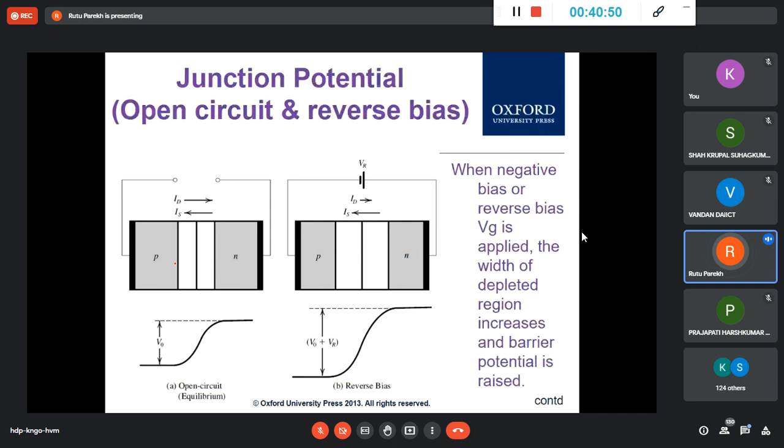Now, here in equilibrium, as said, it is like an open circuit, both the currents are the same, and there is no potential. But now you have two terminals, so you can connect batteries in two ways. When there is no battery connected, it is like an open circuit because there is no resultant current flowing.